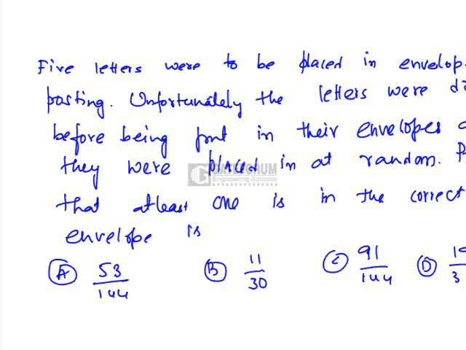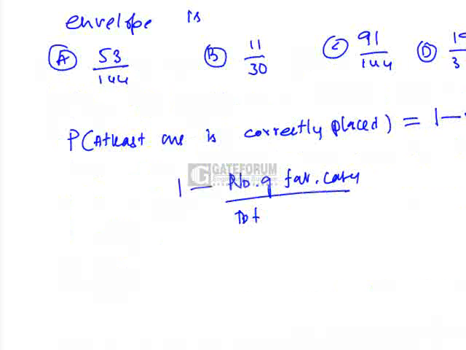Now, the probability that at least one is correctly placed can also be written as 1 minus the probability that no one is placed correctly. So 1 minus the number of favorable cases divided by the total number of cases.